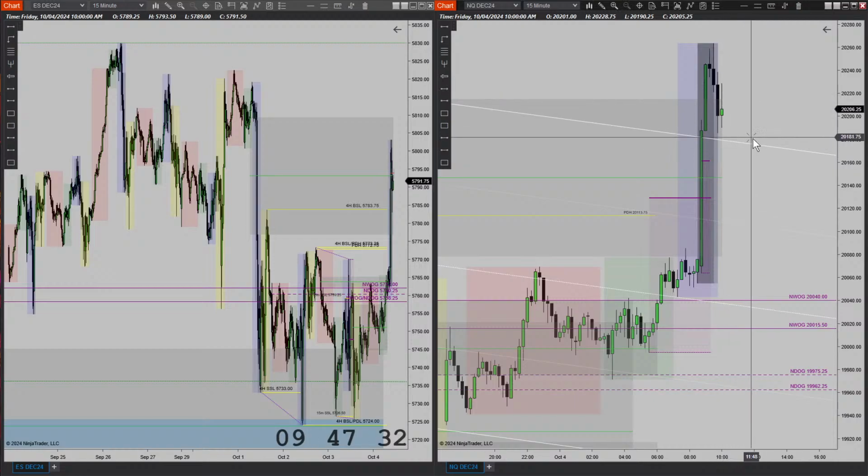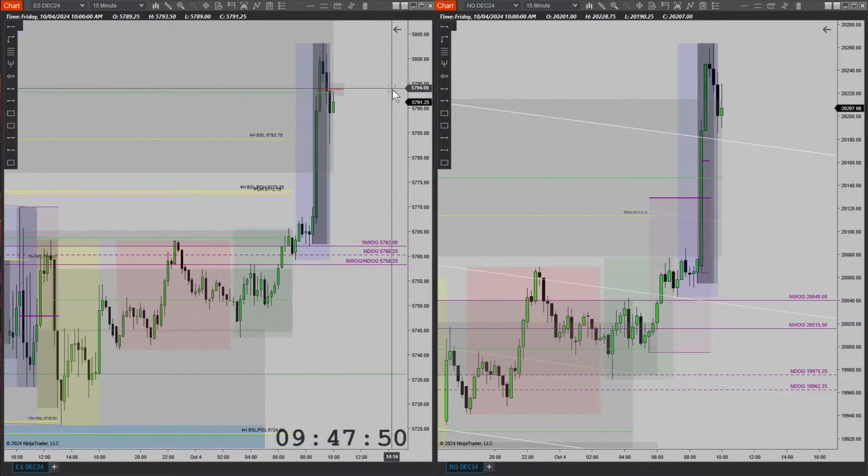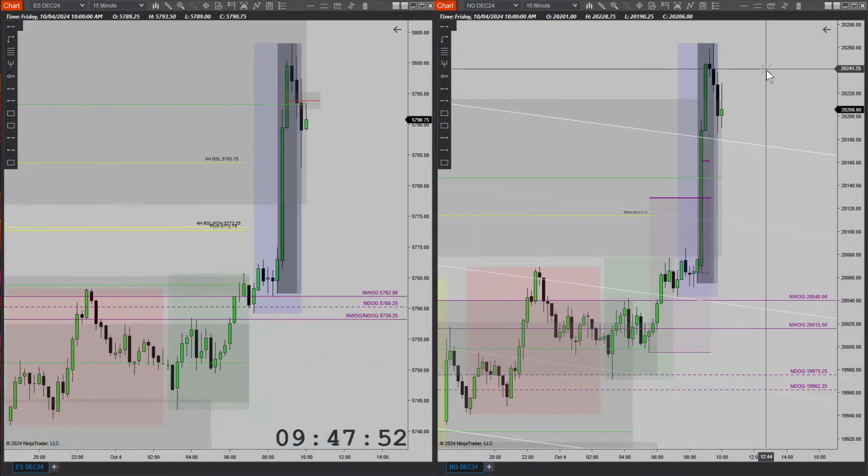I want to see it just break through it. I don't want to see it consolidate. So I want to see just displacement. That's all I want to see.